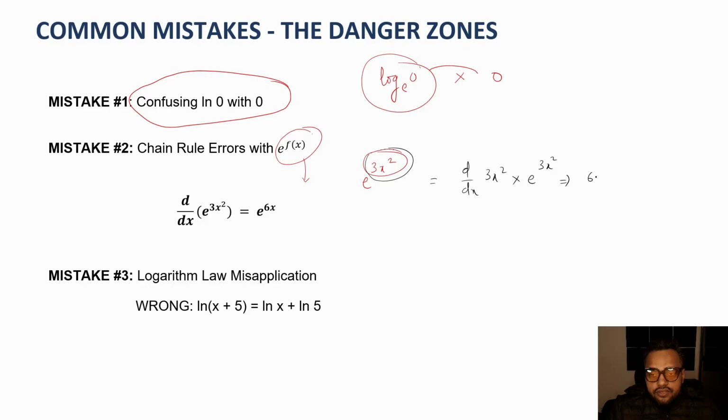It means 6x times e raised to the power 3x square. This is the real value, not the other one. Many students differentiate the power and write it directly, which is incorrect. This is the correct value.